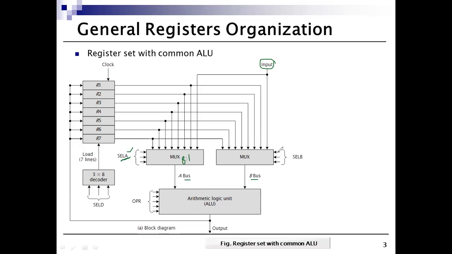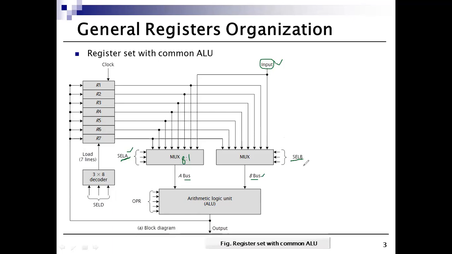Similarly, the second operand can also be any of the 7 registers, or it can also be an input device. Okay, so out of the 8 possible inputs, one can be selected and given to the ALU via the B bus, which can be done by using the select lines SELB.